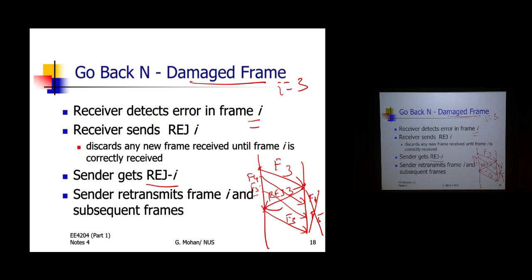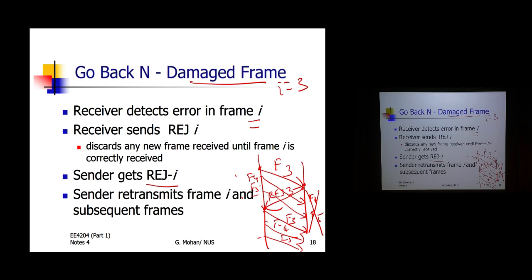Now the next frame to be transmitted is frame 6 or frame 4. For go back N, it knows that the receiver will not accept any new frame until frame 3 is correctly received. So it will repeat F4 and F5 also. Even though it has already sent F4 and F5, which may be good frames, it will still repeat 4 and 5.